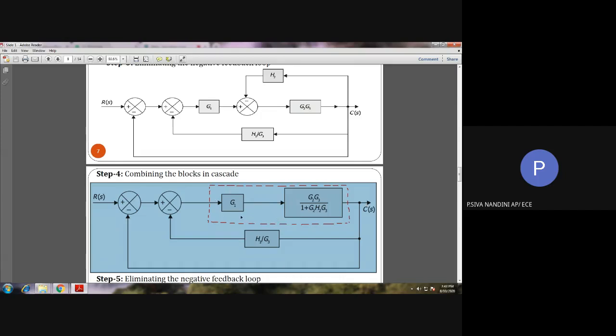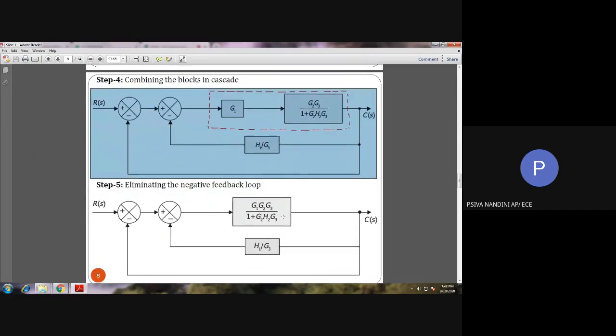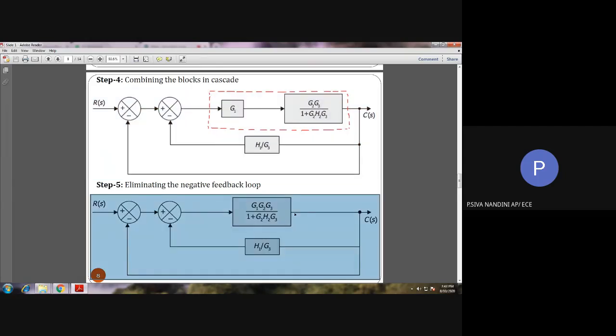There is the block G1 and the block G2 G3 by 1 plus G2 H2 G3 in cascade. So if it is in cascade, simply we can multiply the two blocks and form a single block. See here we have formed the same thing. The rest is the same as in step number 4.